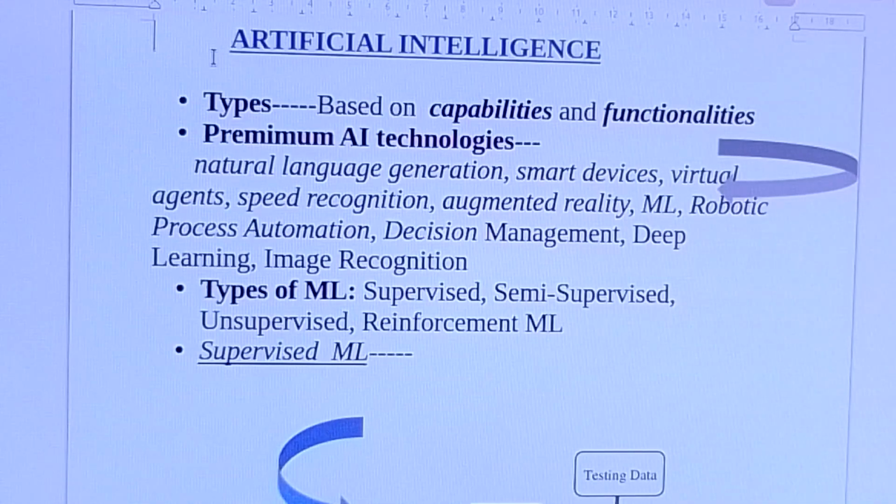So there are four categories of AI on the basis of the functionalities of the machine: reactive machines, limited memory, theory of mind and self-awareness. So let's start with the reactive machines.